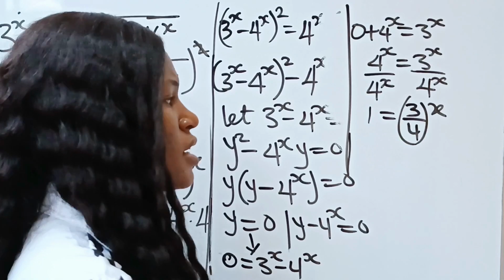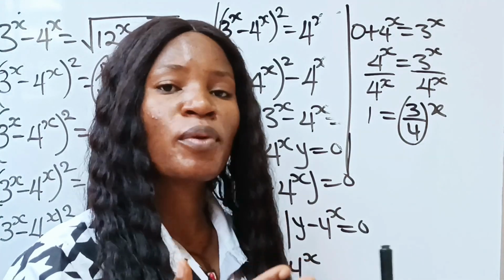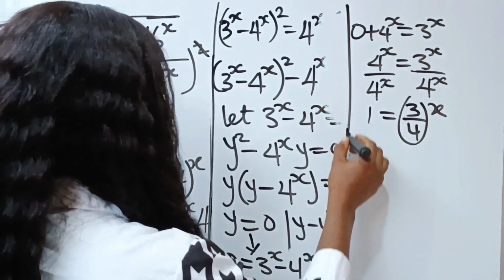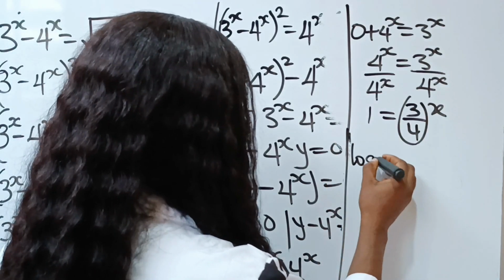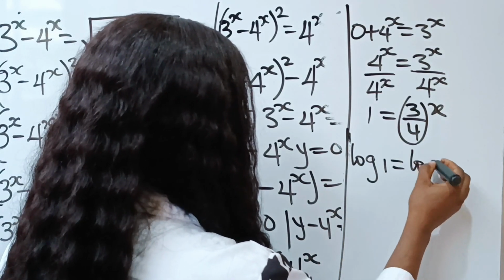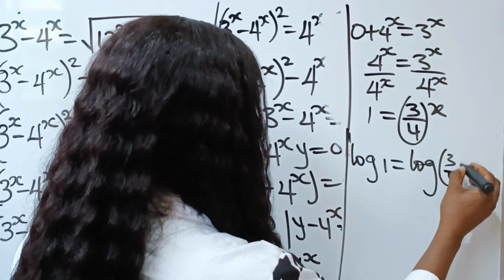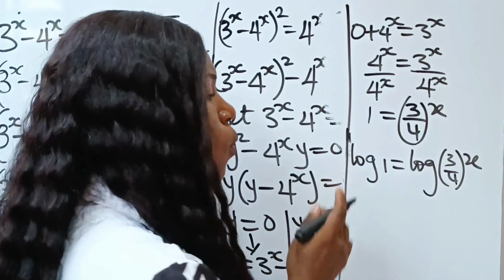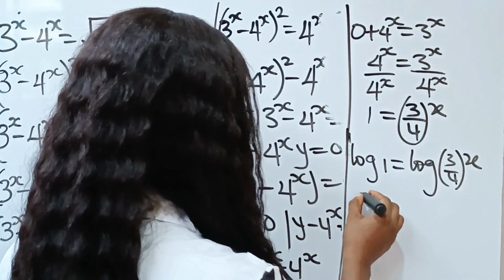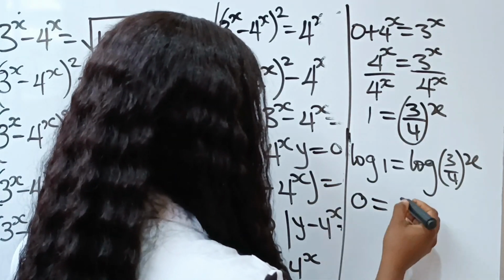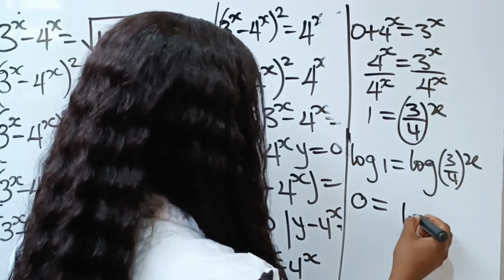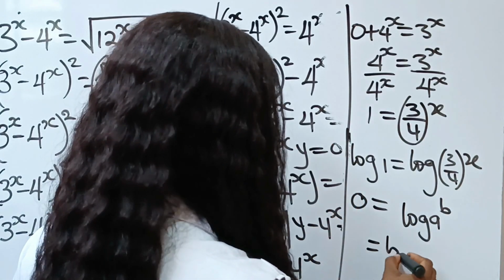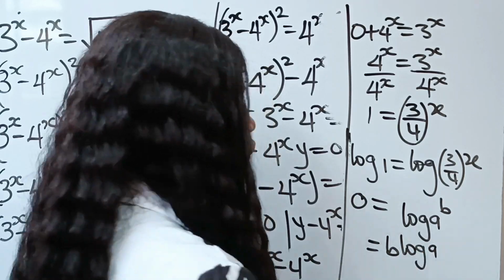All right, now at this point we have to introduce log to both sides of this equation. Let's go ahead and do that. If we do that, we have log 1 is equal to log 3 over 4 to the power of x. Now log 1 is 0, so we have 0 is equal to... when you have log a raised to the power of b, this is equal to b multiplied by log a.